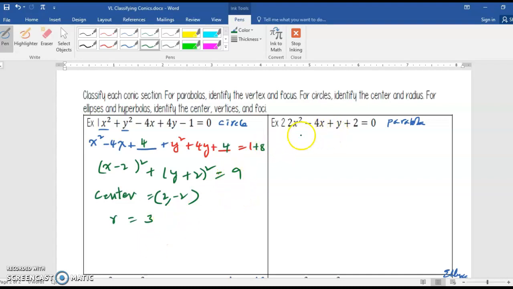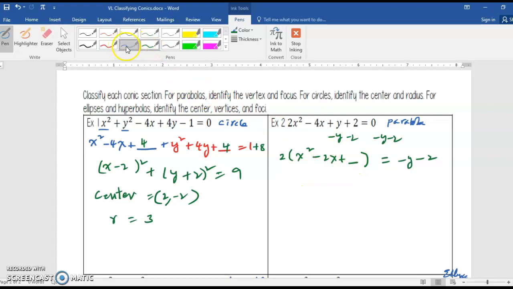Okay. Now here you have to group the x terms together and push the y term to the other side. There's only one y term, normally that's the case, because here we are going to complete the square and push the other one. So we are going to subtract these two to the other side. And also pull the coefficient out, 2 times x squared minus 2x plus blank, and on the right side it's going to be negative y minus 2.